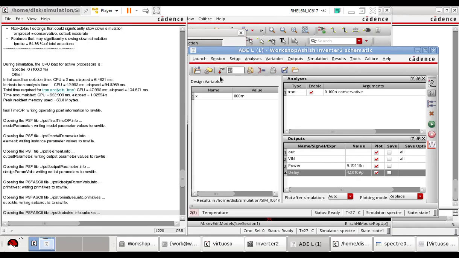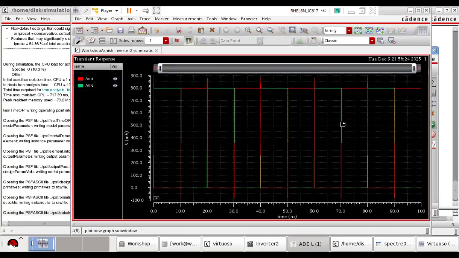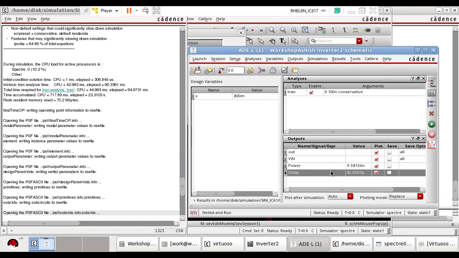Now, if I assume that the temperature is 0 degrees Celsius on this slow process corner, what will happen to the results? You see, the power dissipation is now 9.58 and the delay is 42.25, right?